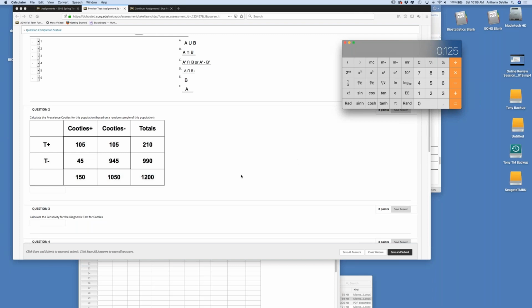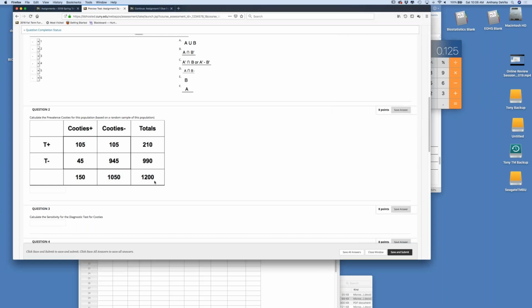If we applied it to a population that has a lower prevalence, say maybe 1%, then 1% of this population actually has the disease. So out of 1,200 people, only 12 people would have the disease.